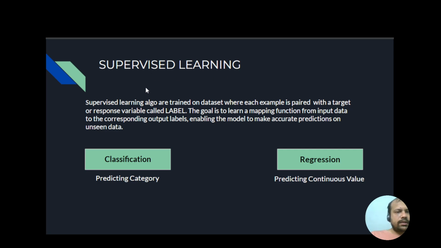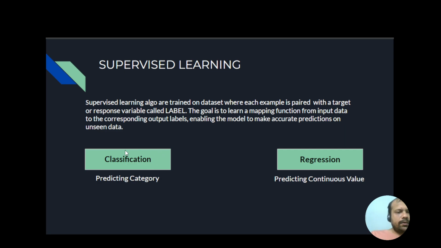Under supervised learning, you have classification and regression. In classification, you predict a category. Suppose you got an email and want to say whether it is spam or not. Over here you are not predicting any value, you just want to classify that email as spam or not spam.